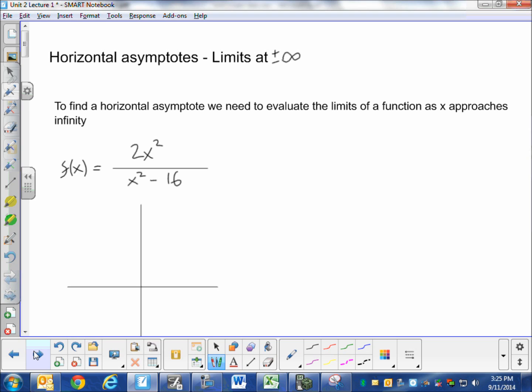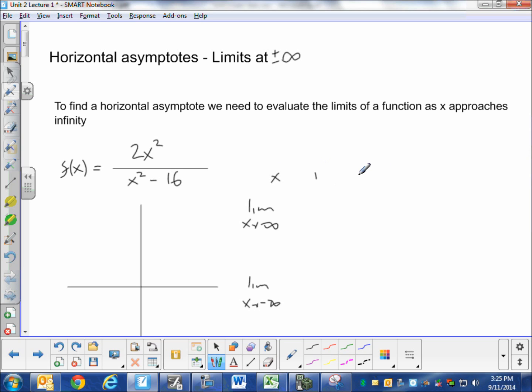All right. To find a horizontal asymptote, we need to evaluate the limits of the function as x approaches infinity. Here is a function. I would have to figure out the limit as x approaches positive infinity and the limit as x approaches negative infinity. The concept, if we had a calculator, would be to plug in bigger and bigger values for x.